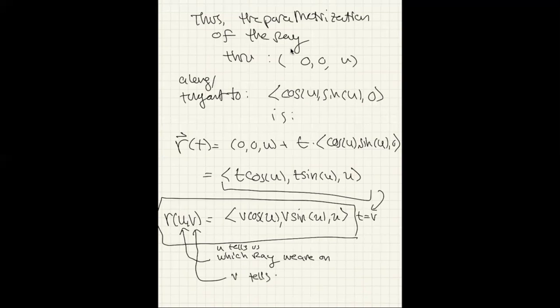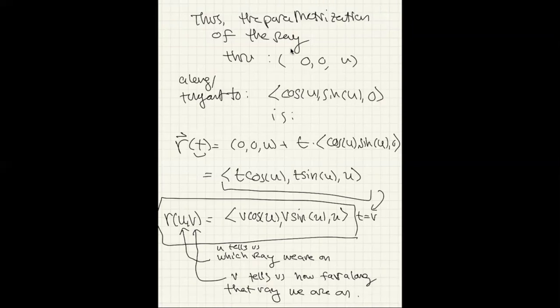Remember, v is like t, and t tells you how far along you are on your line or your line segment or your ray, and v is just that t, so v is playing that role. v is telling us how far outwards we are, and u is telling us which ray we are on. So v tells us how far along that ray we are. And there you go. That is your parameterization of the helicoid surface.